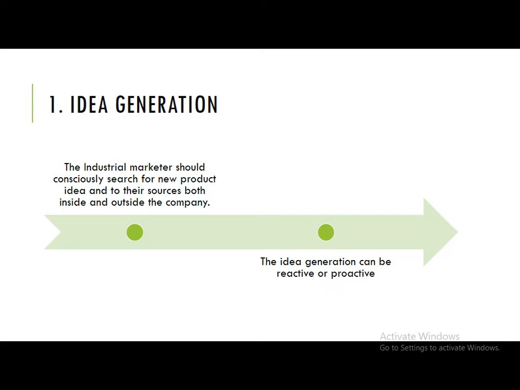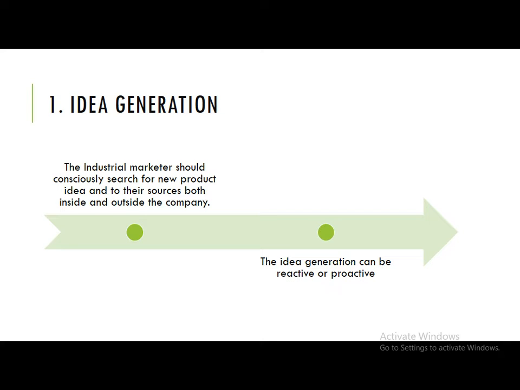An industrial firm should encourage the employees to present innovative and creative ideas by offering recognition or awards to the employees submitting the best ideas. These are all methods of proactive idea generation.